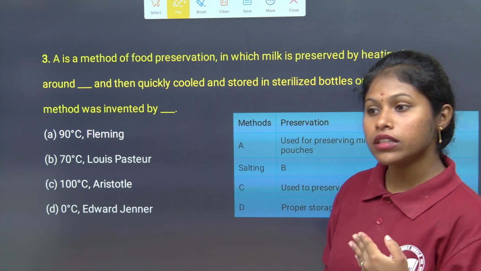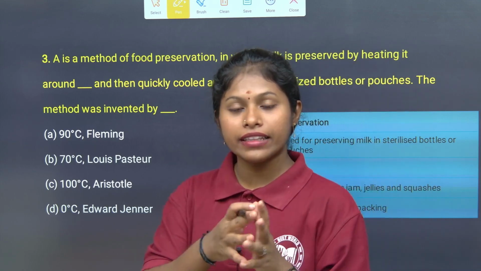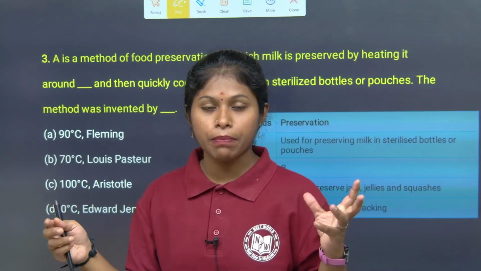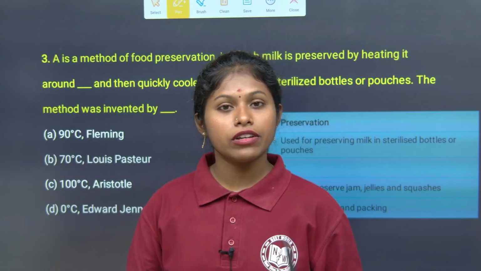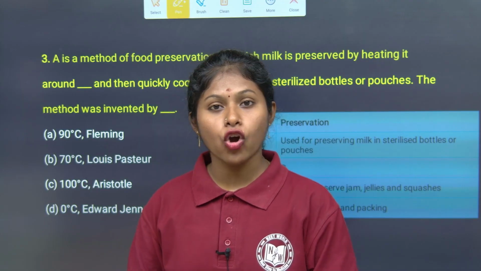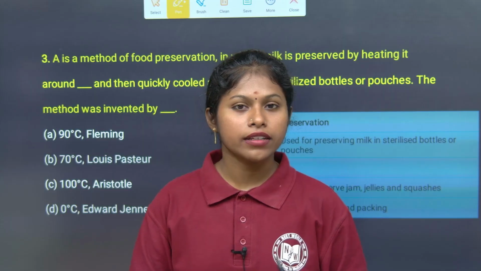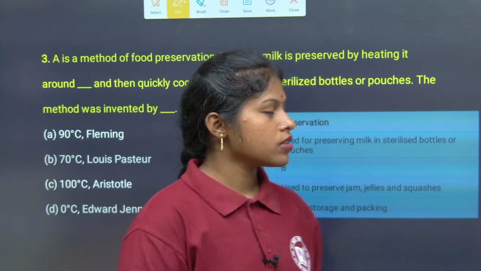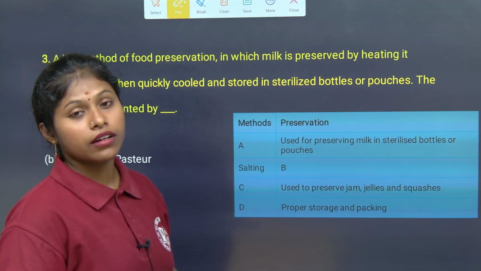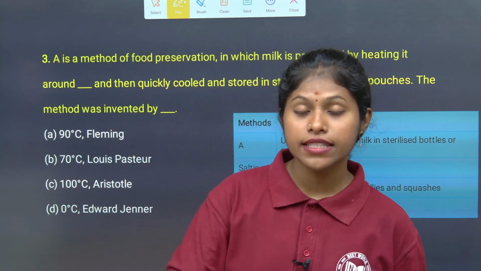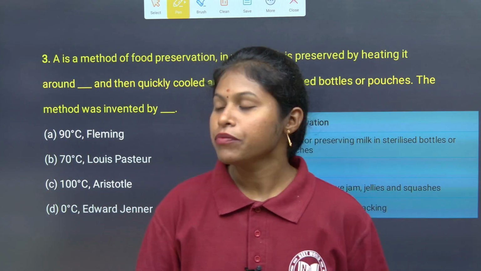This is how, during this method, most of the bacteria will be killed and destroyed. Most of the bacteria, not all bacteria, will be destroyed. This is how the pasteurization method is helpful in increasing the shelf life of milk, right?